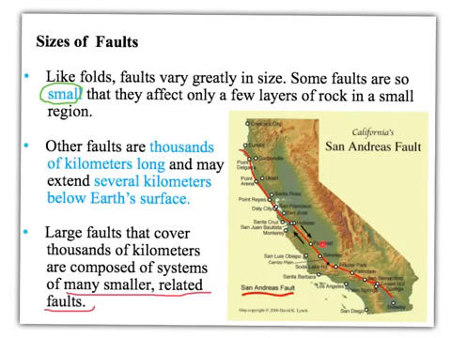Here we got the North American plate moving. Here's, I believe, the Pacific plate moving, and they're sliding and grinding past each other. And every time they hit each other, a little bit of rock might get ripped off, causing a break, which is a fault, and that releases energy into the earth, and we get an earthquake.